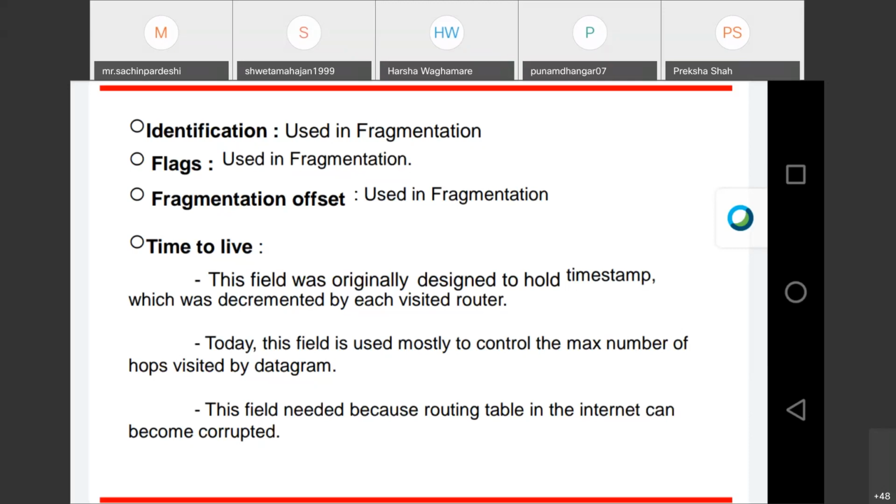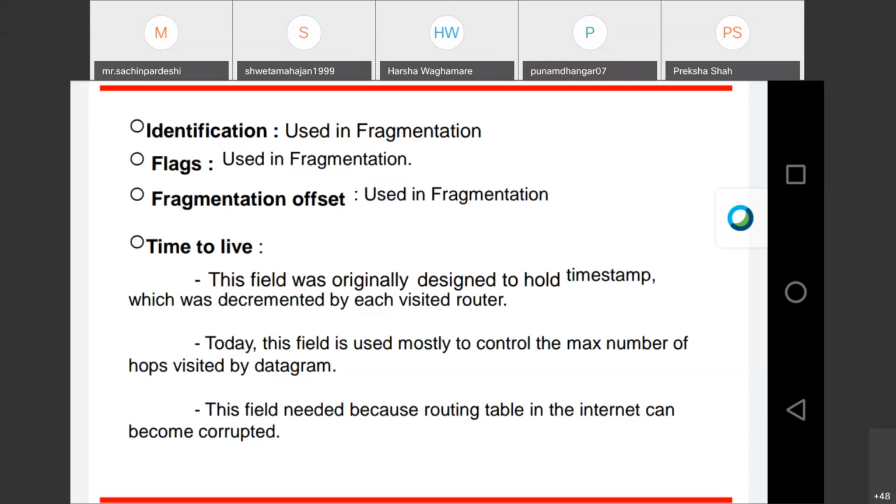The source adds the value 8 to be on the safe side, because within 8 routers, the packet must reach the destination.